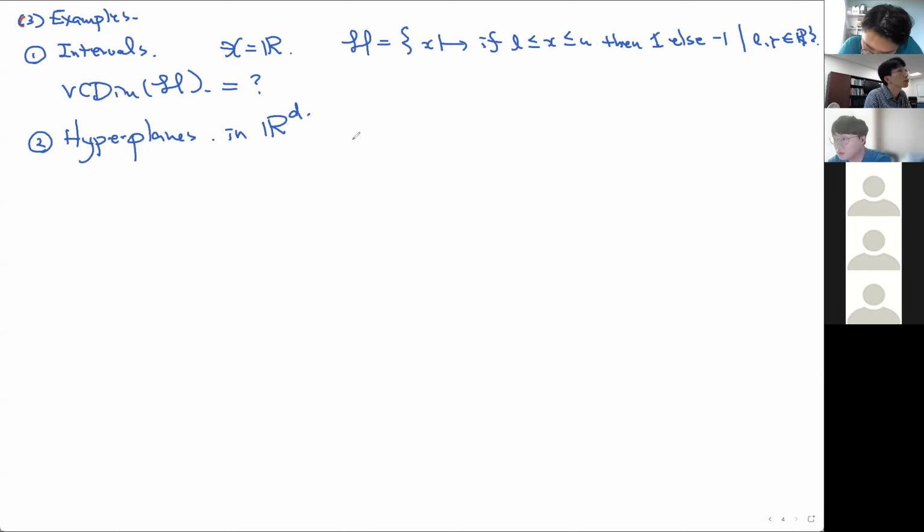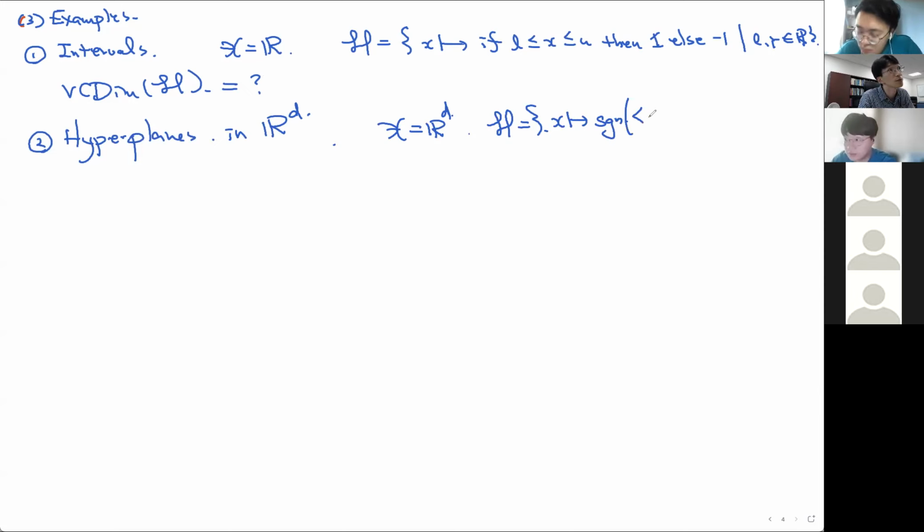The input space is R^d. The hypothesis is a mapping that takes an input in d-dimensional Euclidean space, computes an inner product with w, adds a bias b, and then takes a sign.